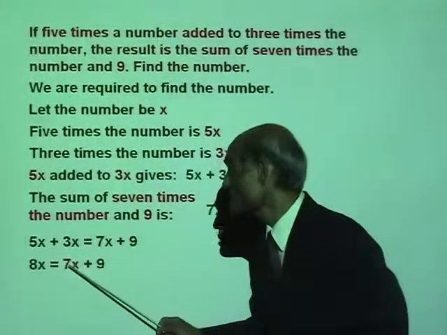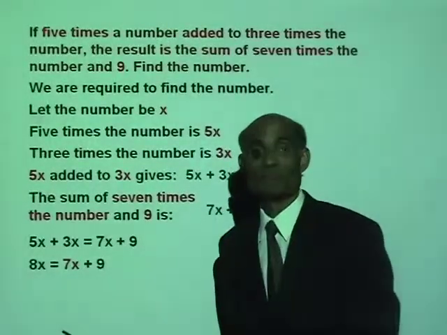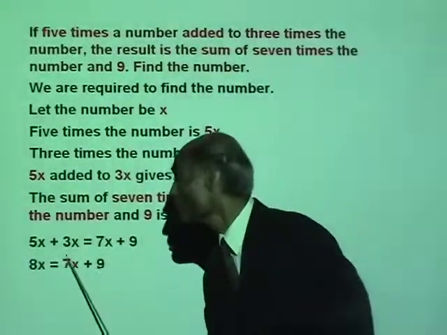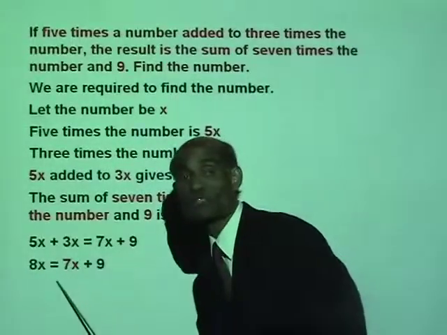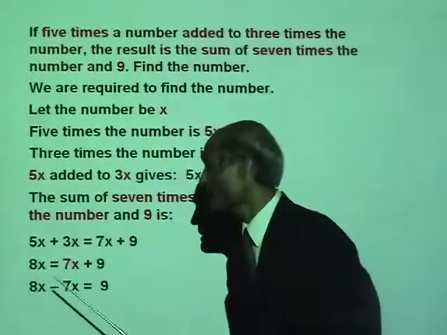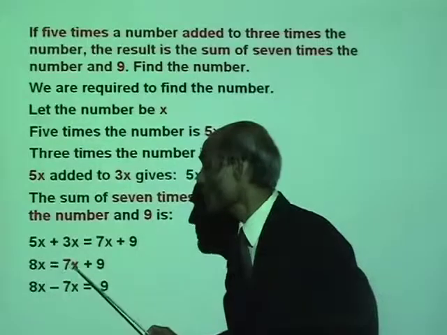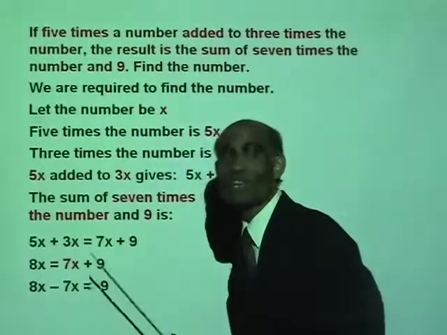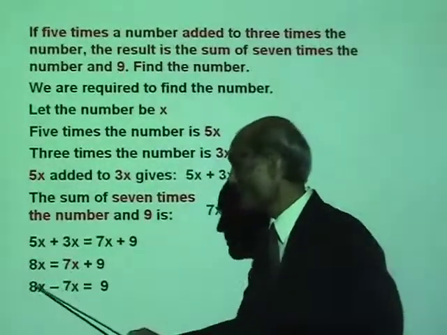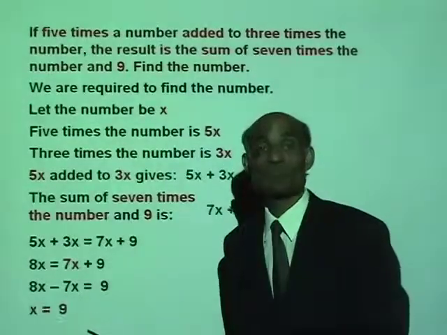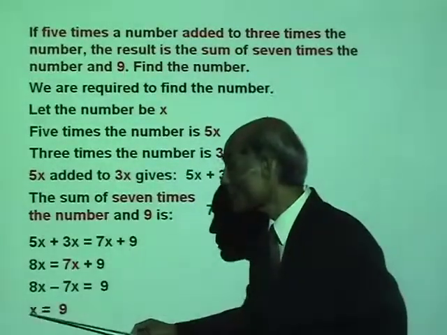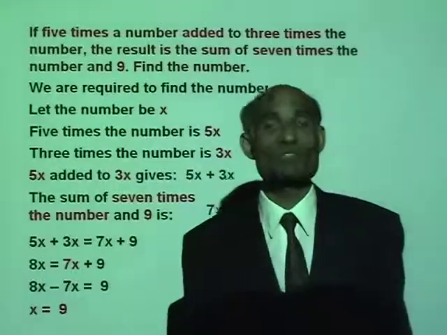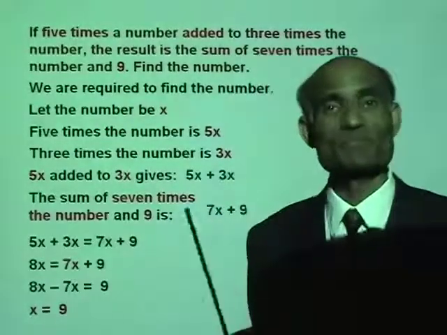And the right side is 7x plus 9. And we move the 7x from the right side to the left side. It becomes 8x minus 7x equal to 9. And finally, 8x minus 7x is x, so we have x equal to 9 as the solution.